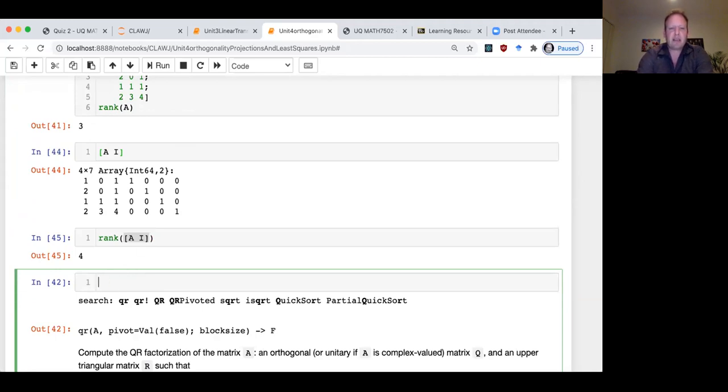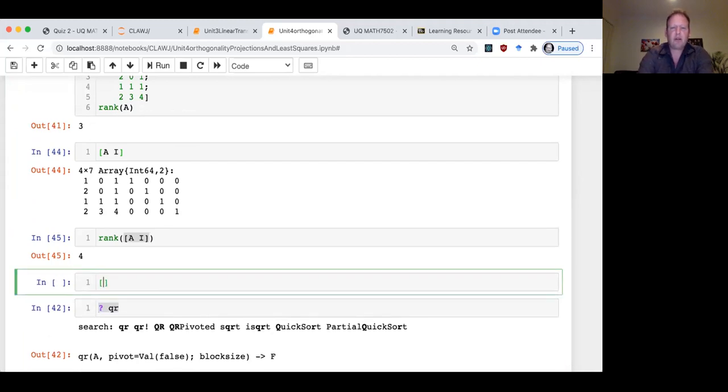So if I take the AI, how do I get the columns of AI?